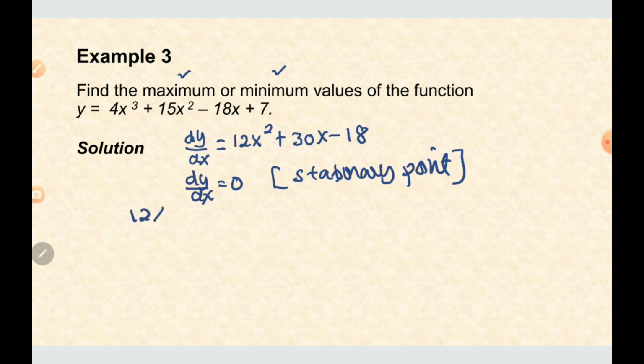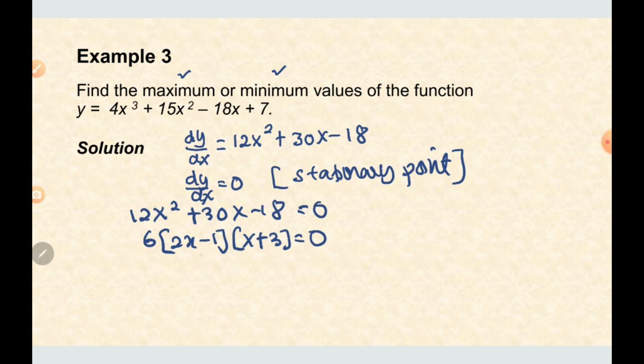So 12x squared plus 30x minus 18 equals 0. Then we factorize to get 6 times (2x minus 1) multiplied by (x plus 3) equals 0. So it's either 2x minus 1 equals 0 or x plus 3 equals 0.